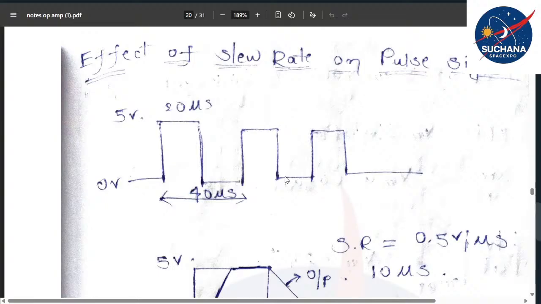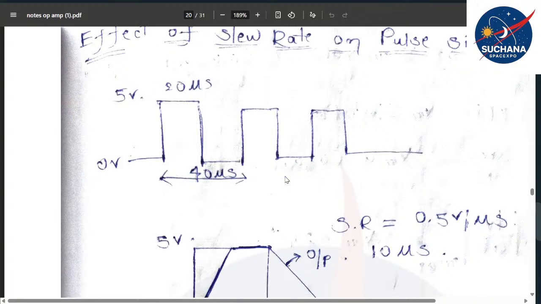It is a non-inverting amplifier only, because you are giving the signal to the non-inverting terminal, which is represented with the positive sign. Let's assume that here I am passing a square wave pulse. In this first example, the time period is 40 microseconds, because time period means the portion of the graph which is repeated every time.